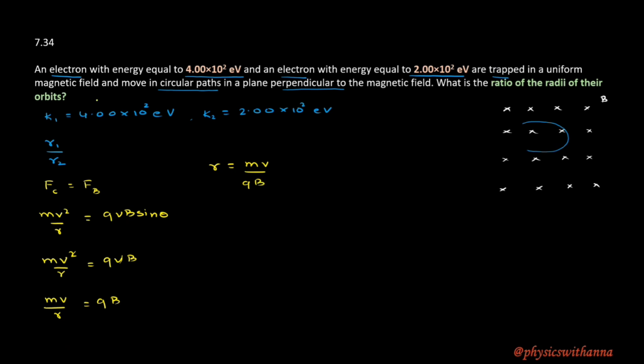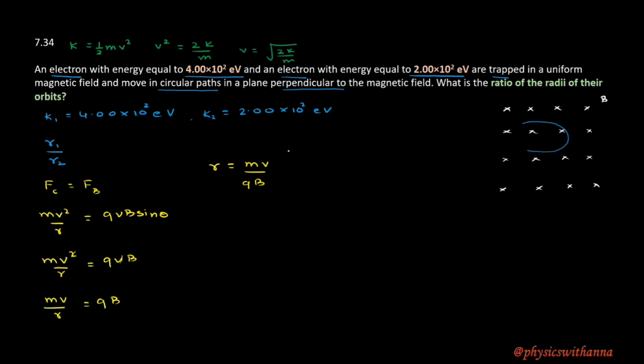Now, since in the question they have given us kinetic energy, I'm going to write velocity in terms of kinetic energy over here. We know the relationship between kinetic energy and velocity. K is half mv squared. So I can rewrite v squared as 2K over m, or v will be equal to square root of 2K over m.